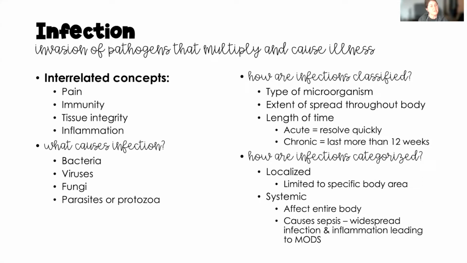However, in systemic infections, this is where your localized infection has spread and it's now affecting the entire body. So our systemic infections are a big cause of sepsis, which can ultimately lead to septic shock. In septic shock, we do see widespread infection and also widespread inflammation and vasodilation, which can ultimately lead to multi-organ dysfunction syndrome. So localized infections versus systemic infections.